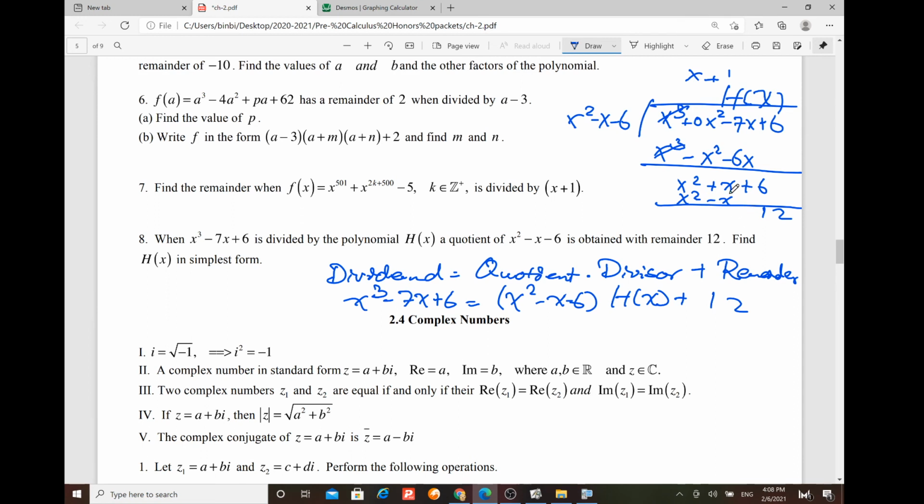And then 1 times negative 6, which is negative 6. As you can see, this part right here is going to get canceled. So the quotient looks like x plus 1.